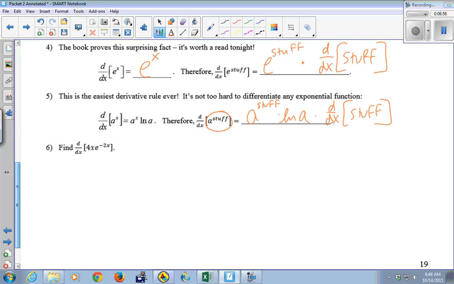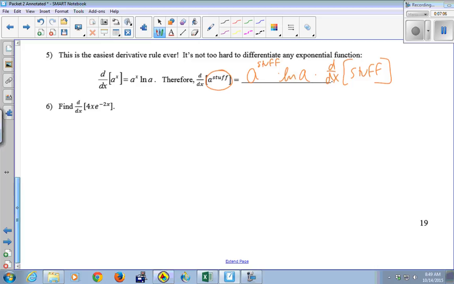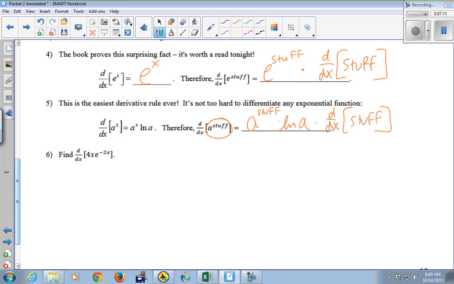Okay, so let's look at an example where we're going to use our new derivative rule. I want to take the derivative of 4x times e to the negative 2x. Actually, before we do that, what happens if I use this rule to take d dx of e to the x?